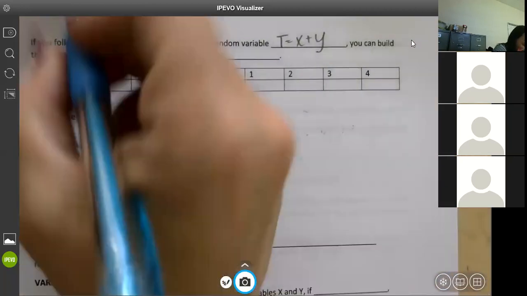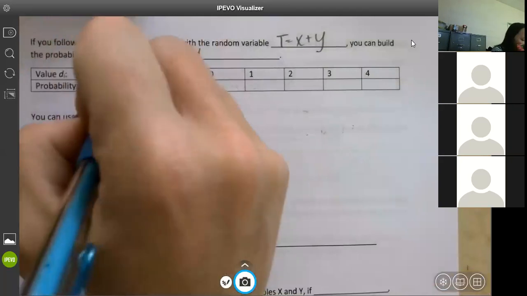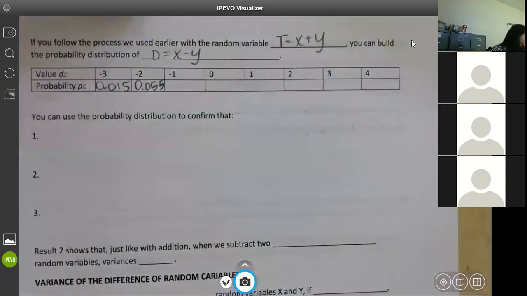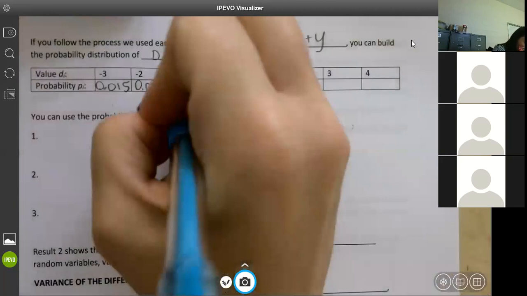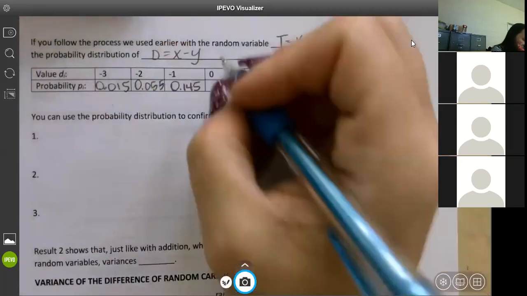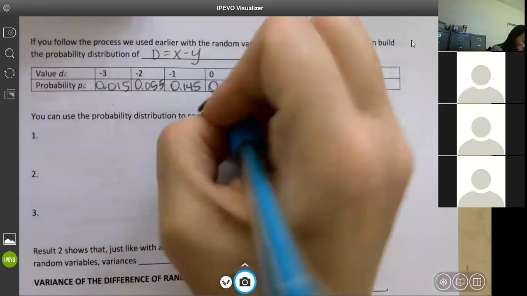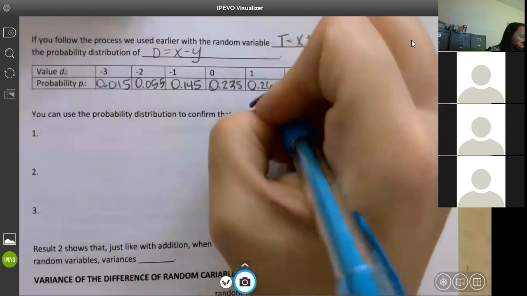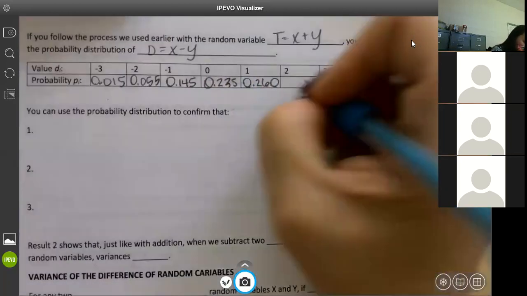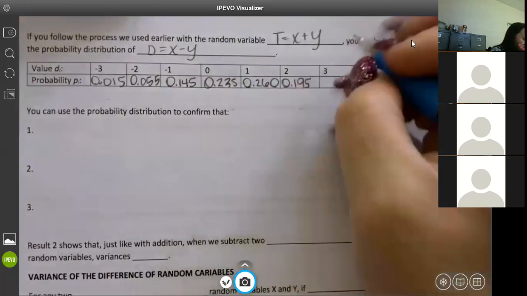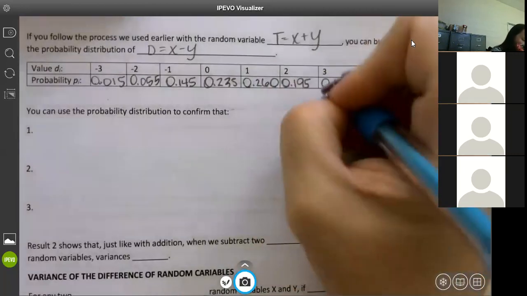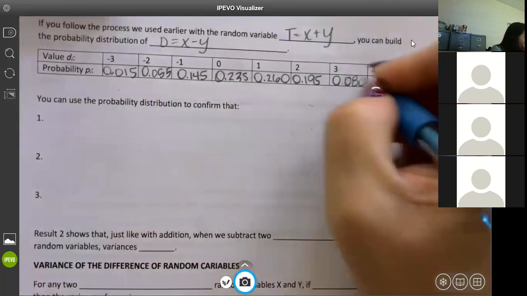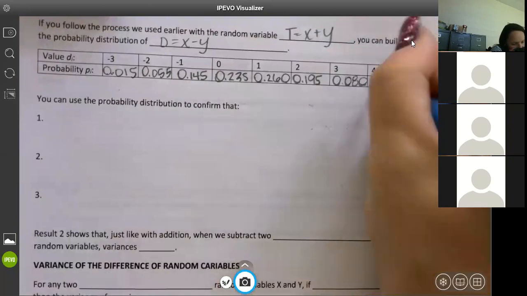So this is 0.015, 0.055, 0.145, 0.235, 0.260, 0.195, oops, sorry, 0.080, and 0.015.